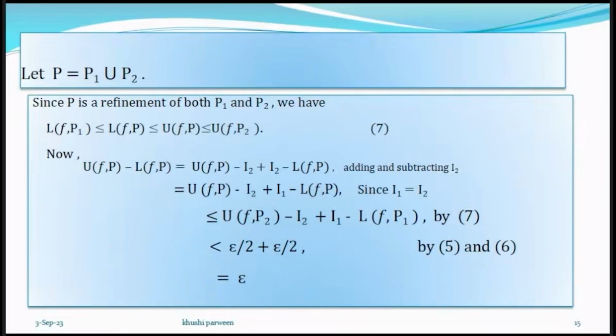From the geometrical interpretation, we can easily see that. And the upper Darboux sum with respect to partition P is less than or equal to the upper Darboux sum with respect to partition P2.